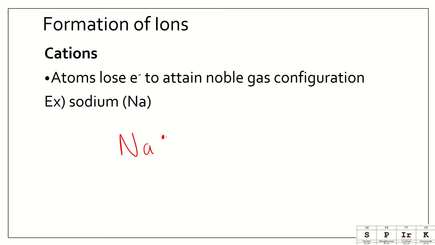It has 1 valence electron, but the sodium ion is going to lose that 1 valence electron, and if it loses 1 valence electron, it becomes Na+. Next up, we have calcium. Calcium is in group 2. In order for it to have a full outer shell, it's going to lose those 2 electrons. So if it loses 2 electrons, Ca2+.